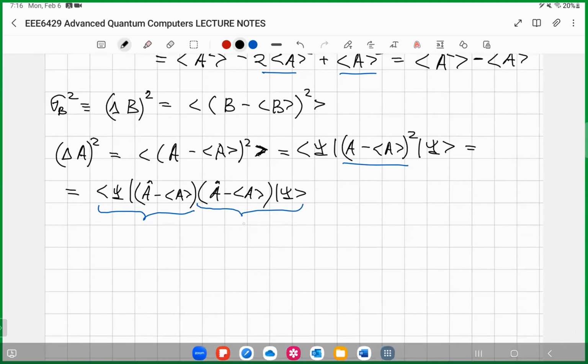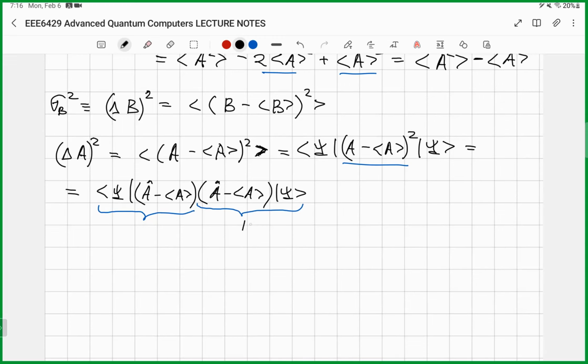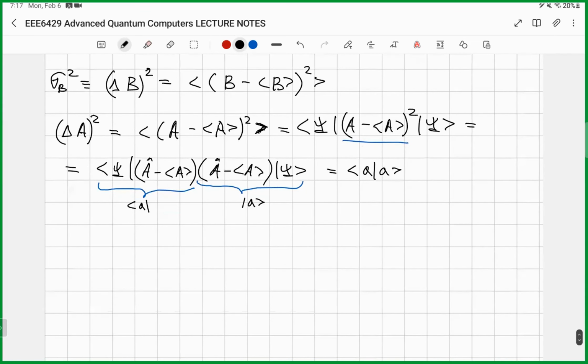So let's denote this vector as a ket A, then this will be a bra, and the result will be this inner product of A with A. If you don't understand anything, just interrupt me at any point and ask your questions. But this is supposed to be pretty clear, right?